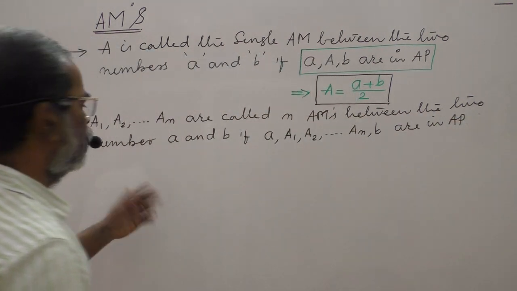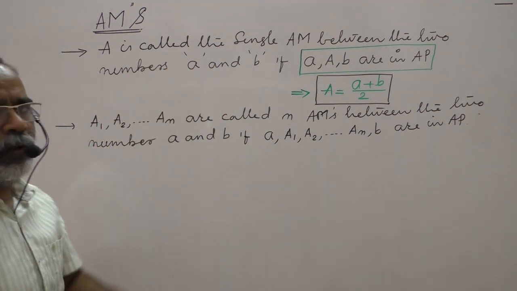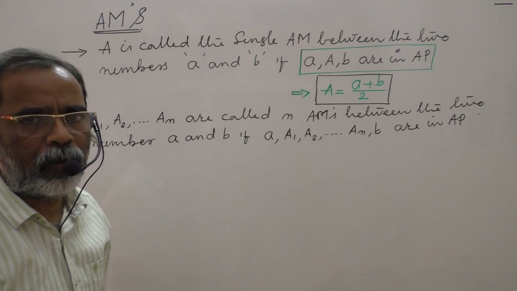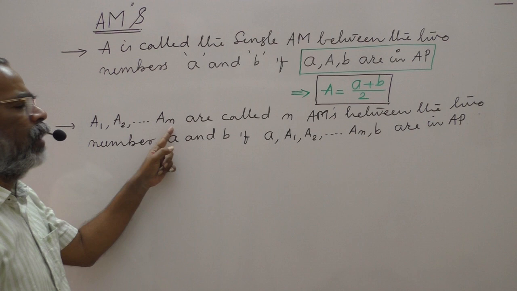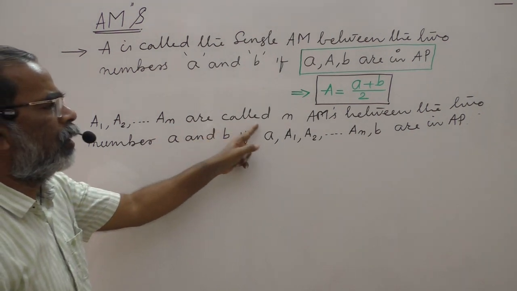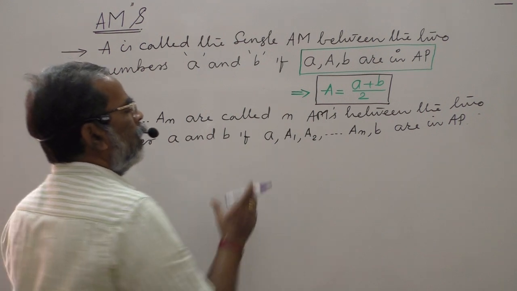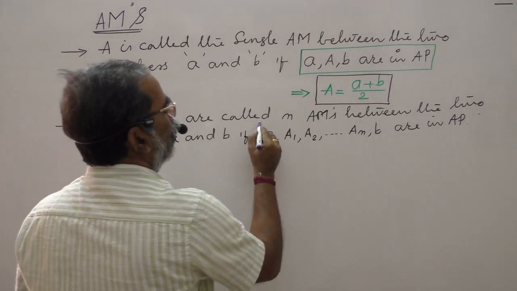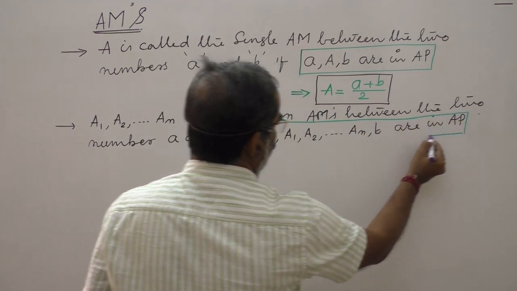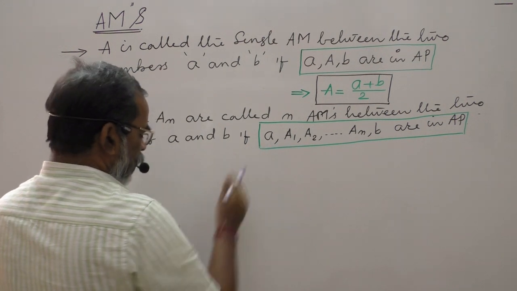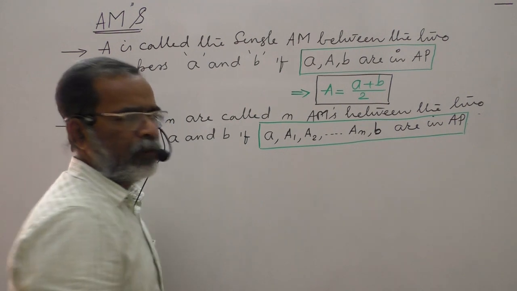So what is more than one AM? Single AM is this. If you want to insert more AMs between two numbers, you should adopt this concept. A1, A2, dash dash An are called n AMs between two numbers a and b if these numbers in order, small a, A1, A2, A3, dash dash An, b, are in AP series.